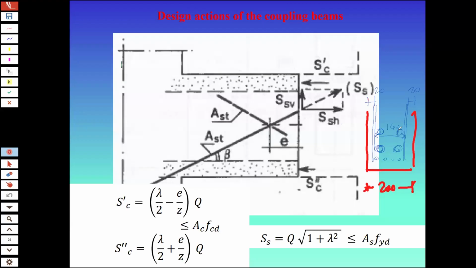And well, if you are lucky, you just need 2 bars. But generally, those bars can be 20 millimeter bars. 16 in some cases if you are not very high demand, but generally 20 millimeter bars.